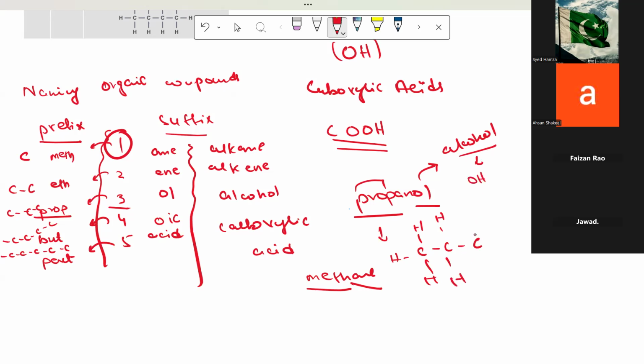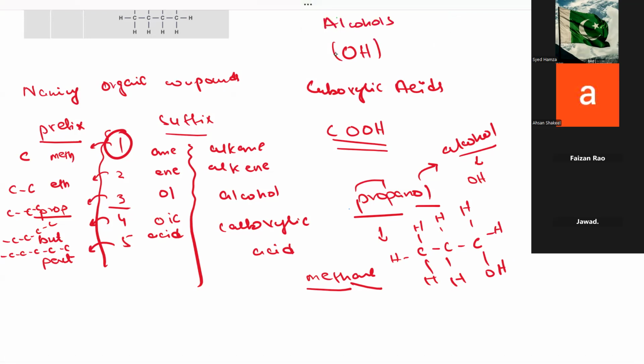So this is one, two, three, four, and you can draw the OH part here. Okay, so this is the idea of homologous series and the idea of naming organic compounds. If you guys have any questions, you can ask me. Take it because this is about to end in around 6 minutes. I'm waiting if you guys have any questions.